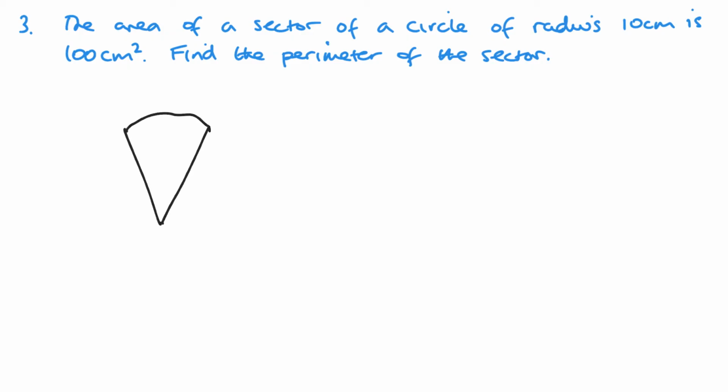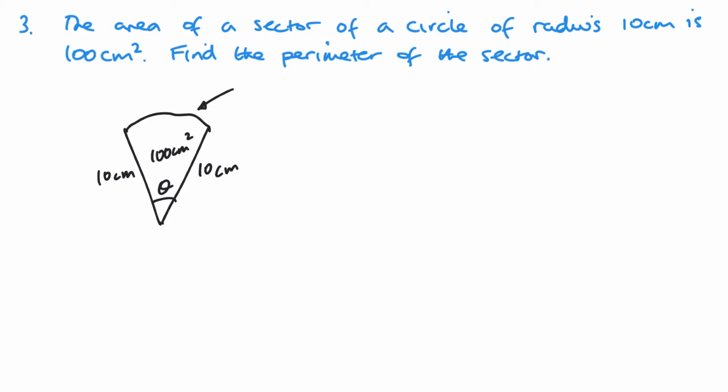So, and this one again, let's just do a very, very rough sketch. So we've got 100 centimeters squared as the area, and we've got a radius here of 10, and we need to find the perimeter. So that means we actually just need this arc length here, and to find the arc length we're going to need this angle theta.